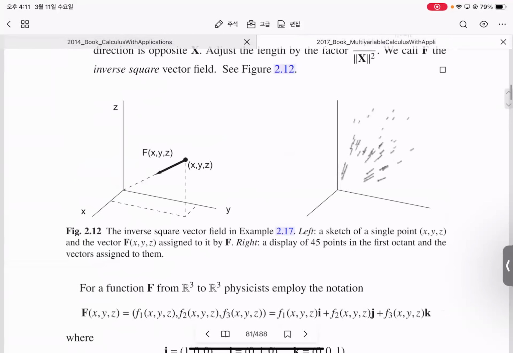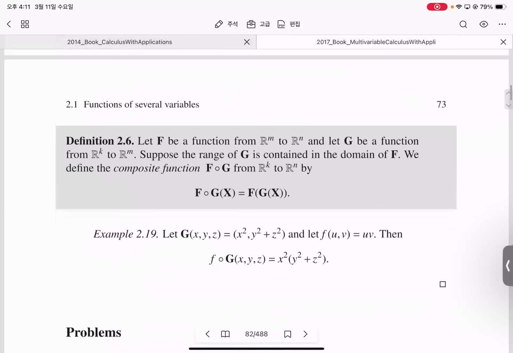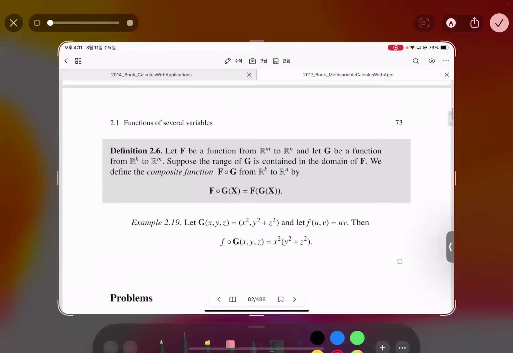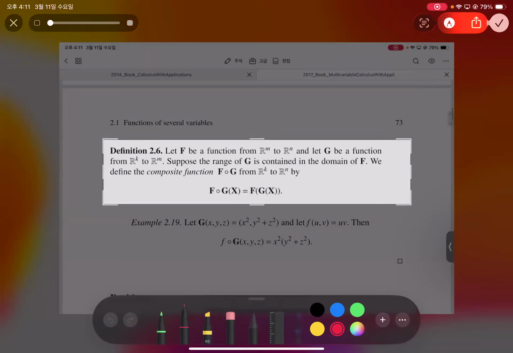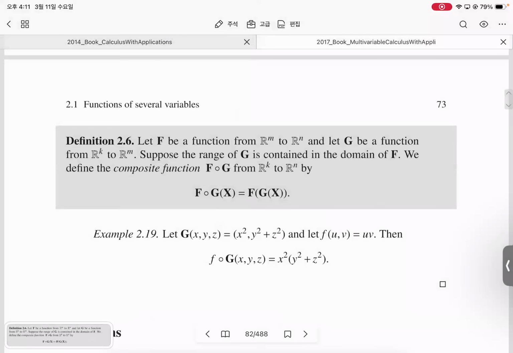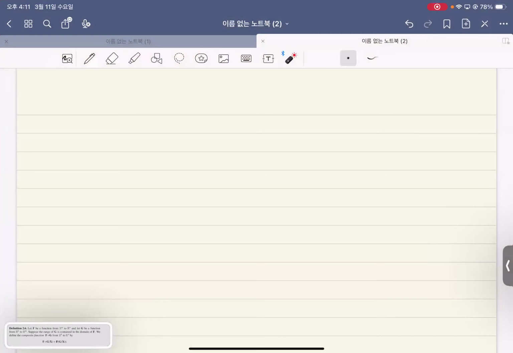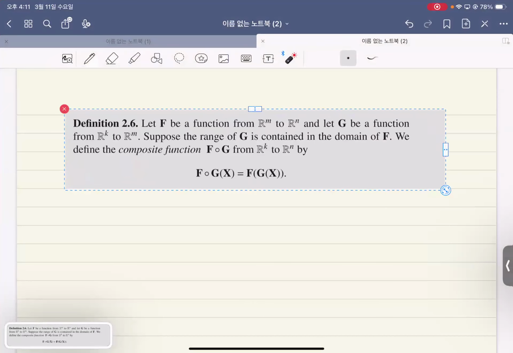Last but not least, we have the composed function.